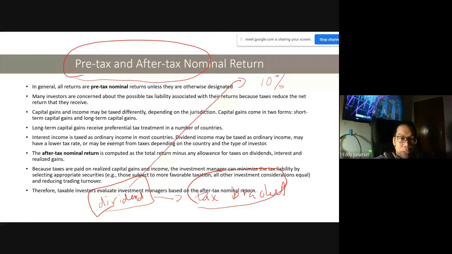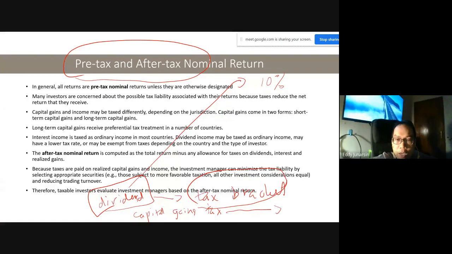Now this is quite an interesting one: capital gains tax in the United States. If you hold the stock less than 12 months, then the capital gains tax is, I don't remember, I don't follow anymore, maybe 15% or something, around 12 to 15%.